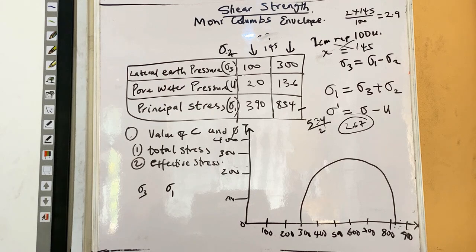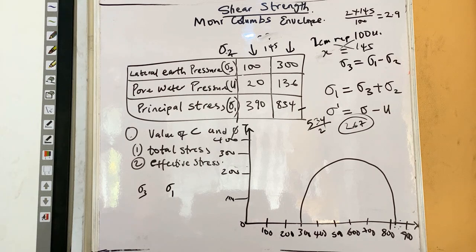So what you just do is, oh, nothing. See, this is 290. 2.9. 2 centimeters. What's that 390 now? Because I need this.